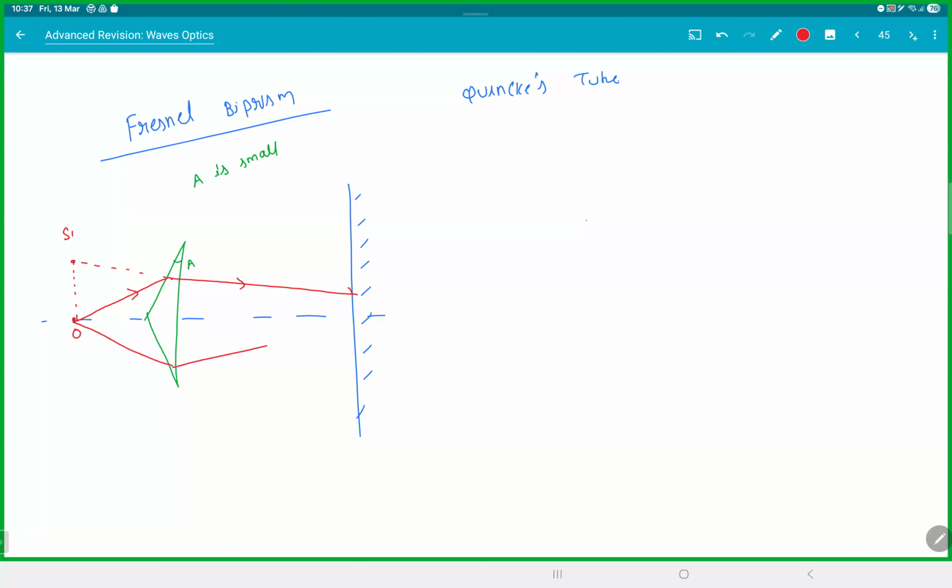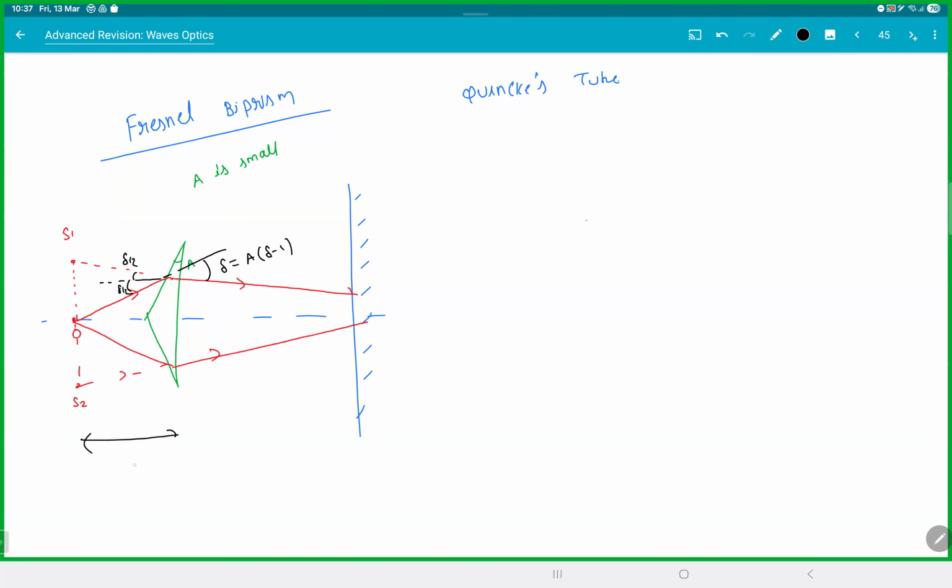Similarly, these light rays bounce off and go here, and we assume they are coming from S2. So S1 and S2 will act like two coherent sources. This is your deviation for thin prisms, A into (mu minus 1). That's your deviation for thin prisms. This can be taken as delta by 2, and this can be taken as delta by 2.